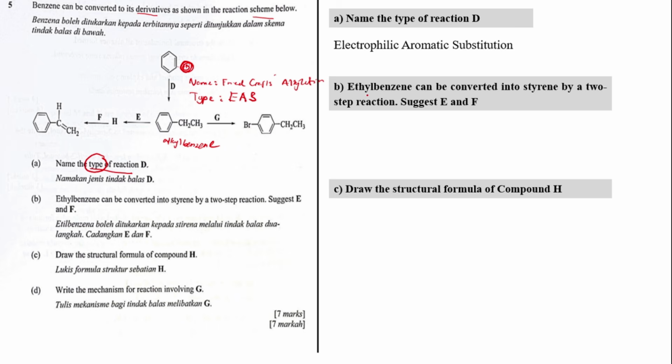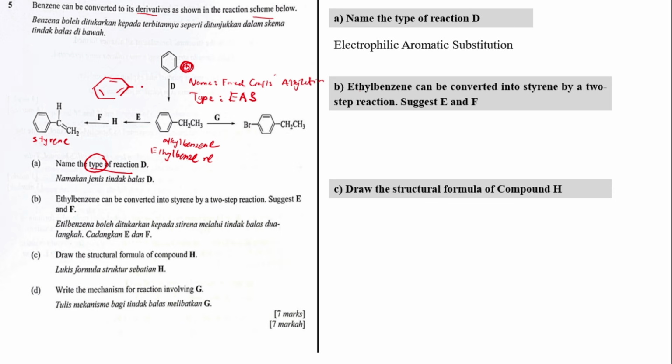And then for B, ethyl benzene, okay, can be converted into styrene. So this one is styrene, and here is ethyl benzene. So ethyl benzene can be converted into styrene by a 2-step reaction, which is E and F. Okay, so what's going to happen here is that from the alkyl benzene, we can form a haloalkane at the side chain, dekat bahagian tepi ini.